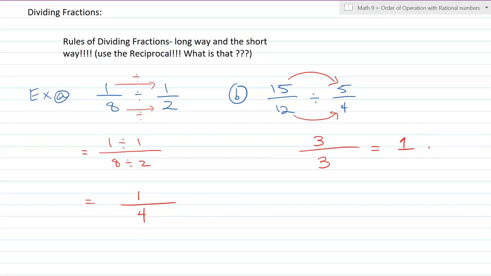Okay, great. But notice that in both of these questions, the first fraction has a numerator and a denominator larger than the other numerator and denominator. So 15 is bigger than 5, 12 is bigger than 4, so we could divide, and that's very easy.